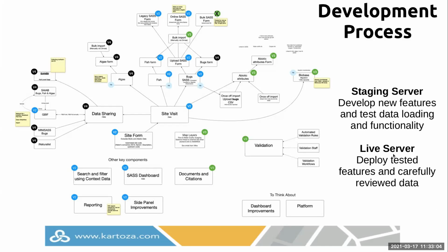That server is really the place where things that have been well tested and data that's been reviewed carefully gets published, and that supports the goal that Helen mentioned of having a platform where the quality of the data is more important than the quantity, and also the quality of the platform itself is more important than the number of features that it might have.